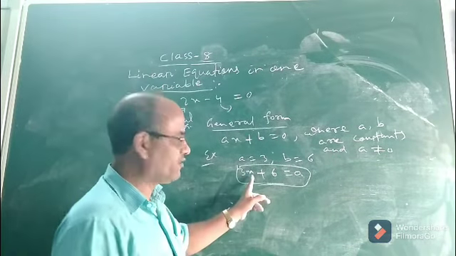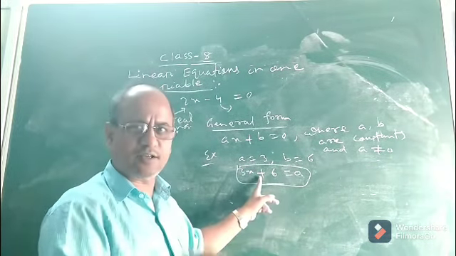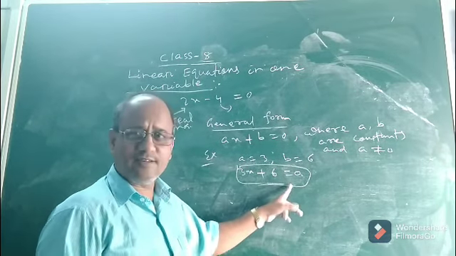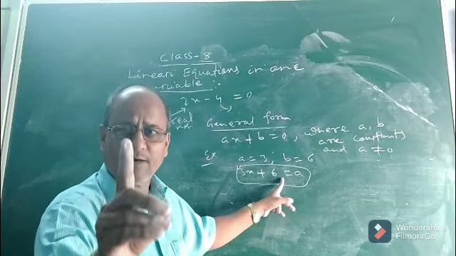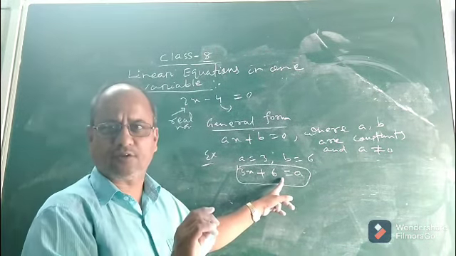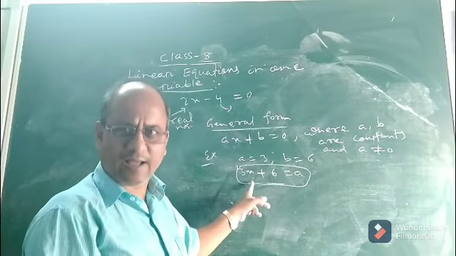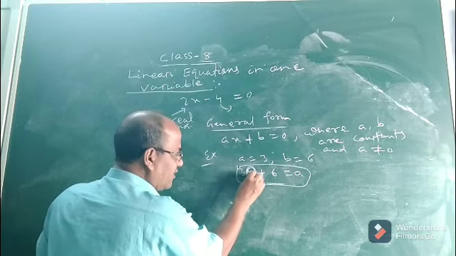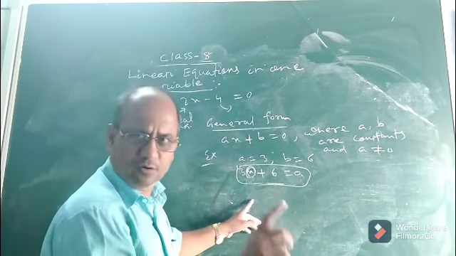See children, you know all these things, but still you should understand once again. I said this is a linear equation in one variable and it will have maximum one solution or one root. Now what is a solution and how to find that solution, that is important. Okay, now by trial and error, see what is meant by solution. This is a variable or unknown whose value we do not know.